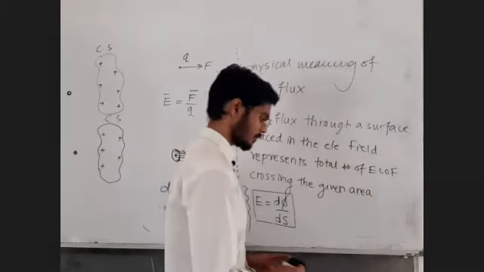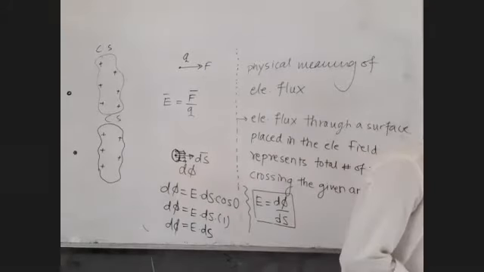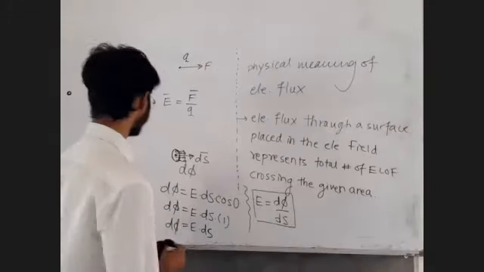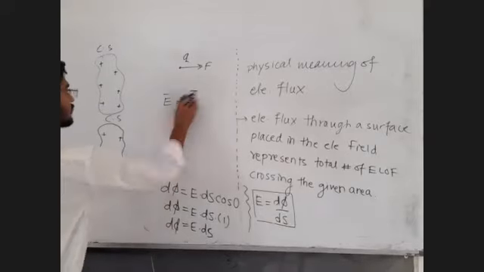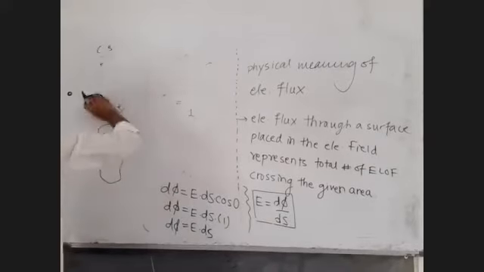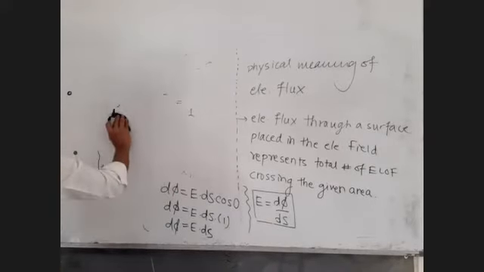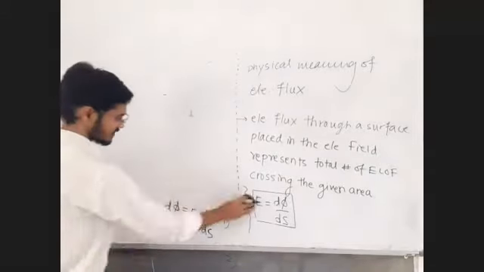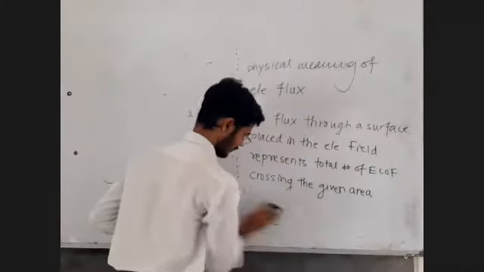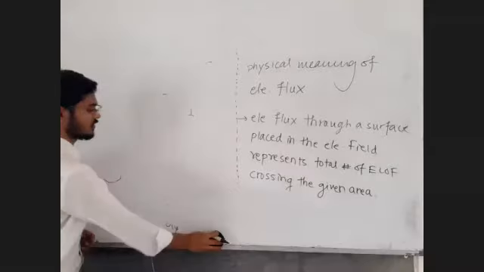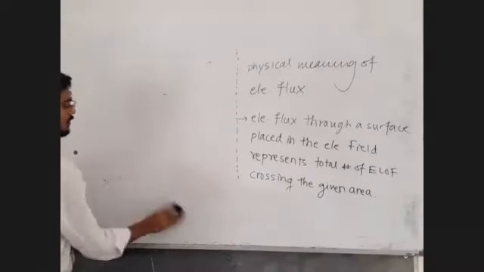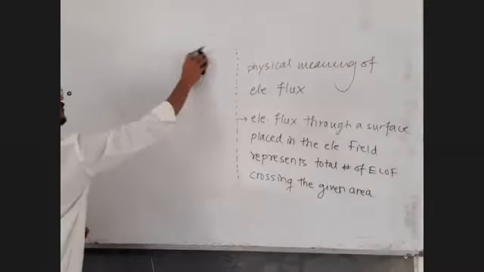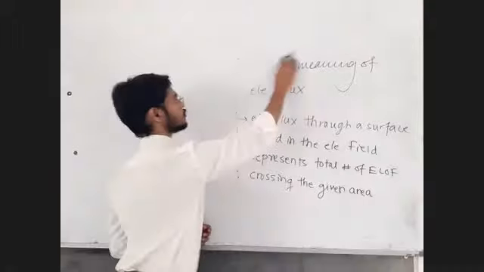Next, the SI unit of electric flux. Who will tell me the SI unit of electric flux first? Let me rub all these things out so that you can use your brain and the formulas which are already given to you.